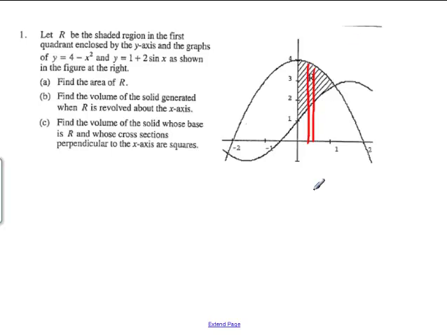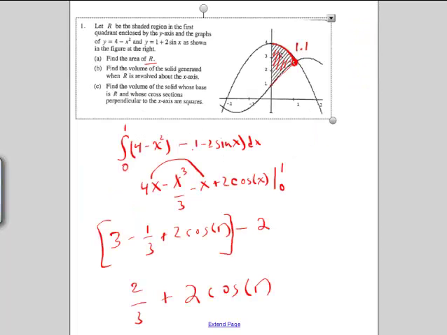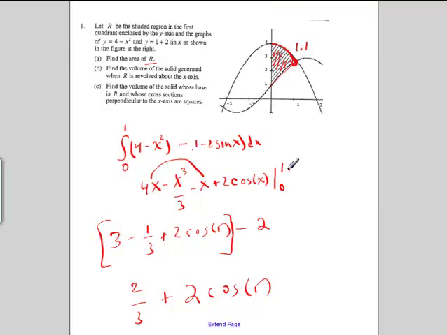And again, that's going to rotate around the x-axis and create a disk with a little bit of depth, dx, with a radius of that. So we're going to integrate again from 0 to 1.1. I just realized that in this slide, this should have been 1.1, which would change these numbers a little bit.